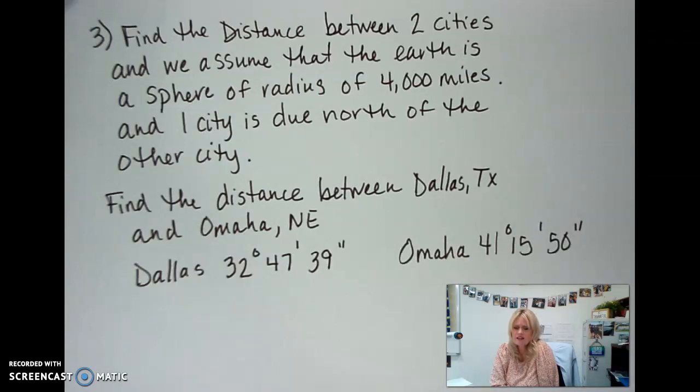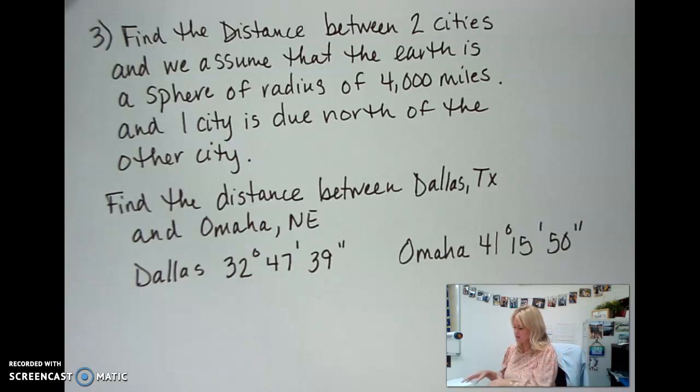Now, if you look at the degrees, minutes, seconds for each of these cities, this is how these cities are measured, especially for airplanes. I know that when people are flying, pilots use this exact degree to find the city.